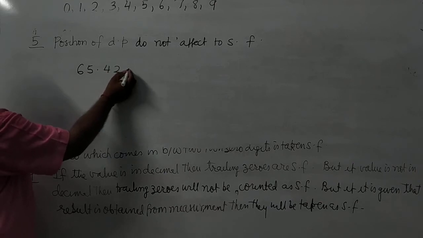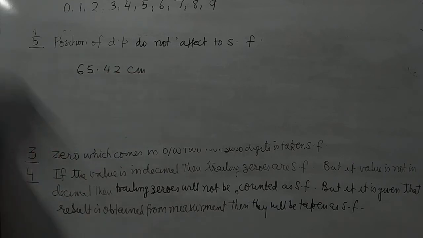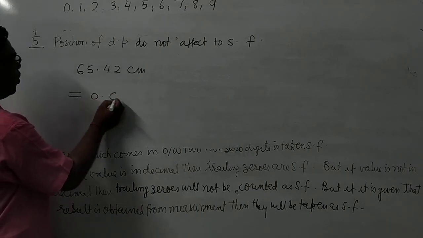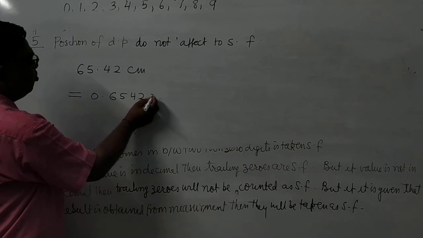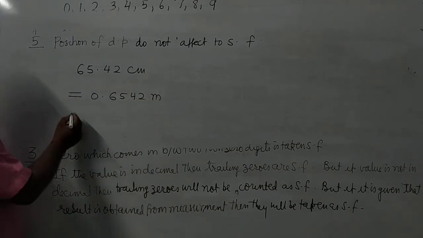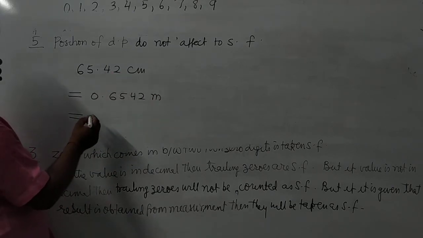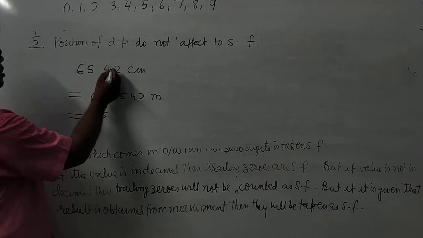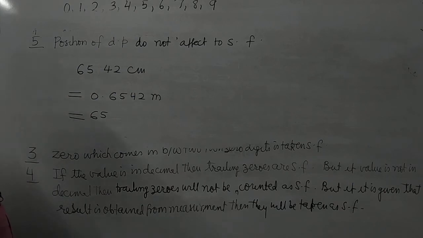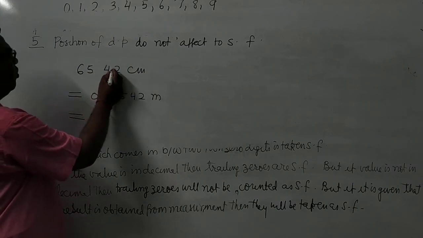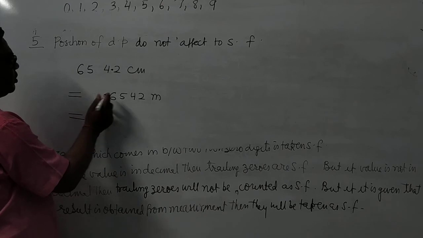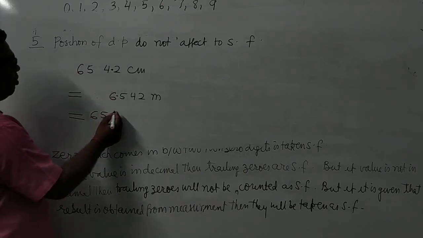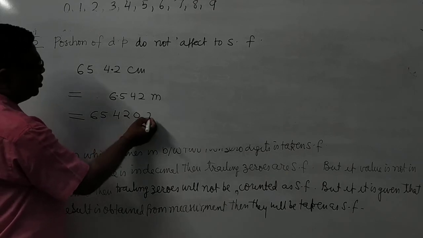Now you can see here, suppose it is given 65.42 centimeter. If you write it in meter it will be equal to 0.6542 meter. If you write it in millimeter it will be 654.2. It's clear? When you write in meter it will be 6.542. When you write in millimeter it will be 65420 mm.